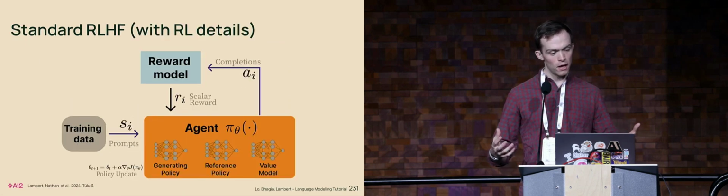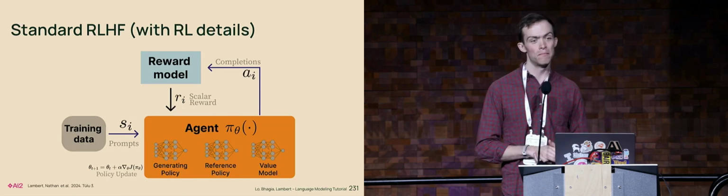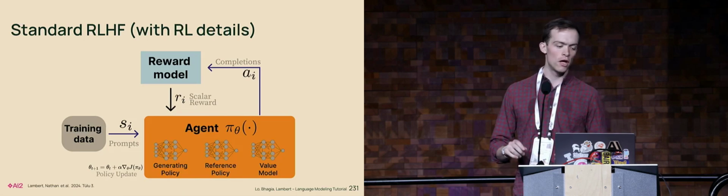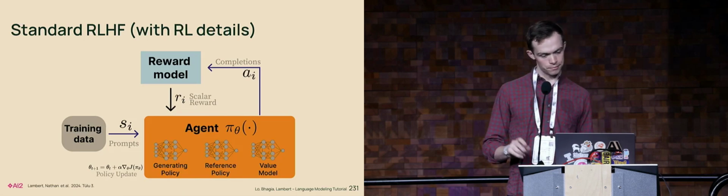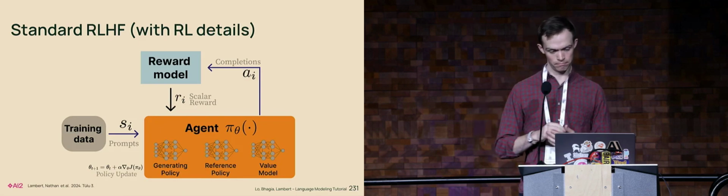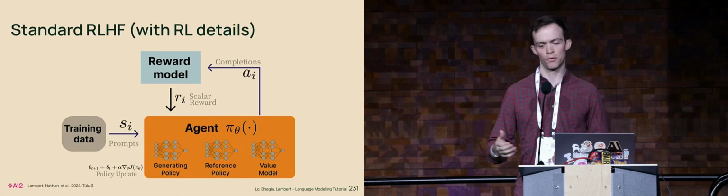If you expand the RLHF agent, you'll see that within RLHF you have many copies of models. You have the policy that you're generating from and updating. You have a reference policy with frozen weights. And you have a value model, independent of the reward model that's the environment. And the question is, how do we change the reward model to target very specific prompts and behaviors?